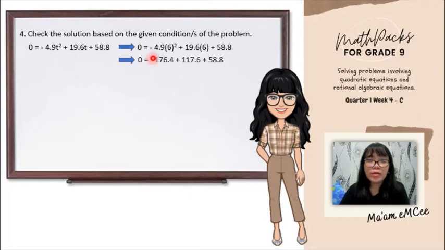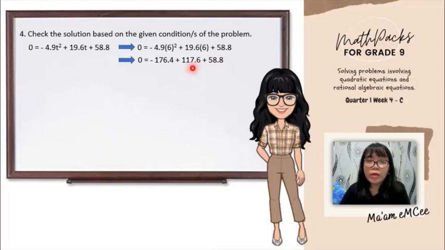0 is equal to negative 4.9 times 6 squared. 6 squared is 36. 36 times negative 4.9 is negative 176.4. 19.6 times 6 is 117.6. Then we copy 58.8. Then we combine.